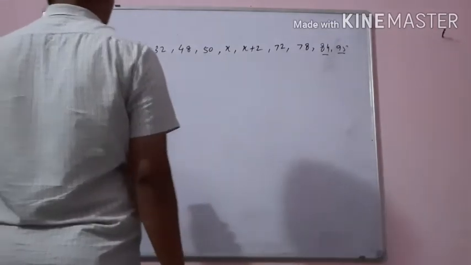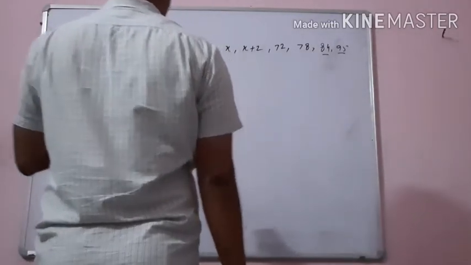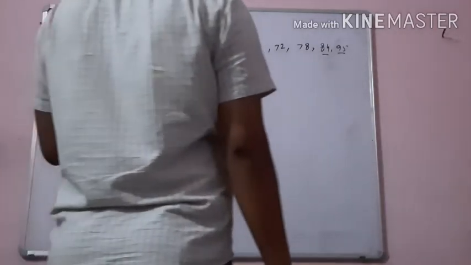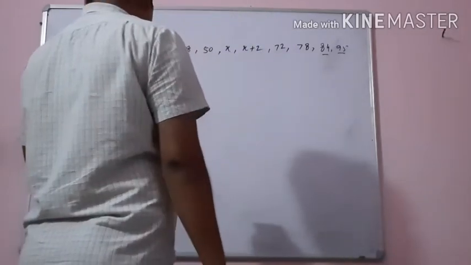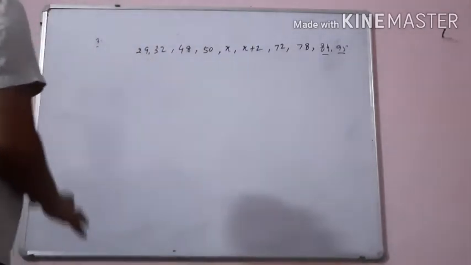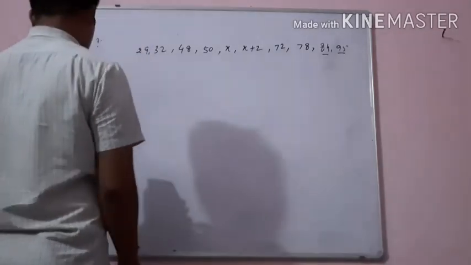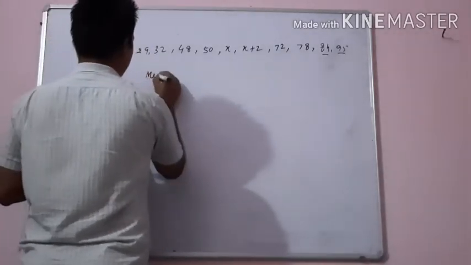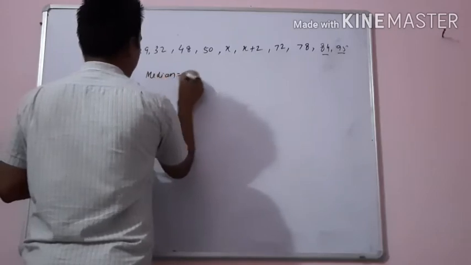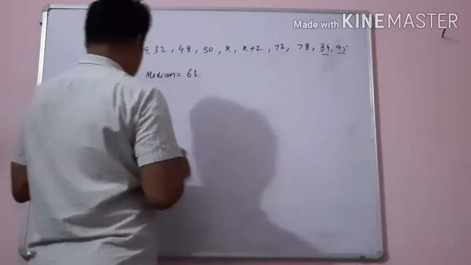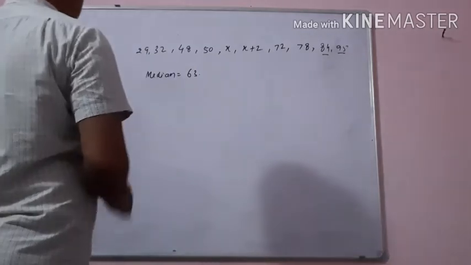If the median of the data is 63, find the value of x.